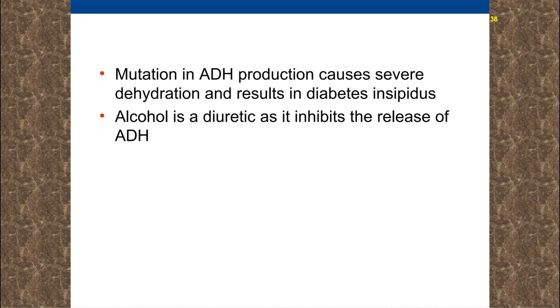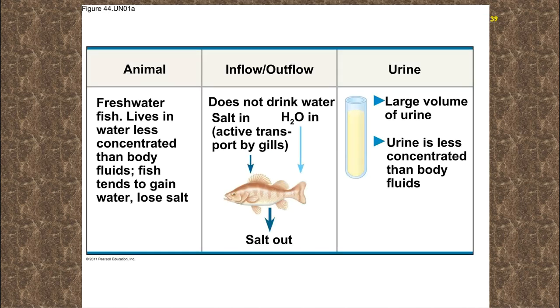A mutation in ADH production causes severe dehydration and results in diabetes insipidus. That's one of the diseases. And alcohol is a diuretic that inhibits the release of the anti-diuretic hormone. Then here you can see there is a difference between animals, especially in the inflow and outflow of urine.